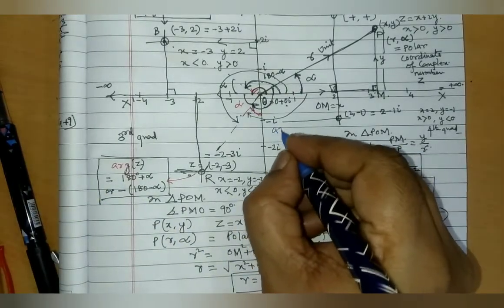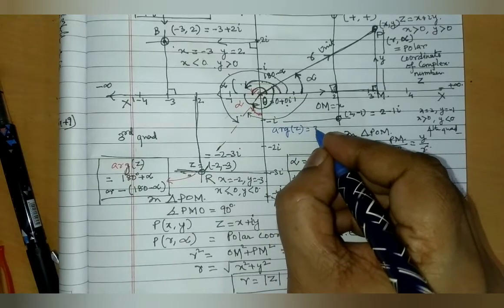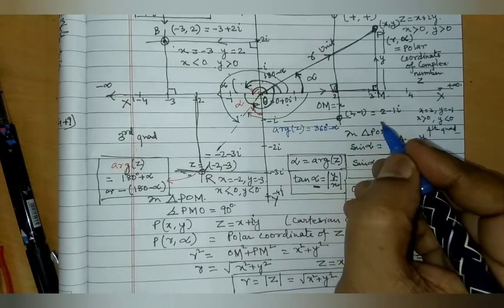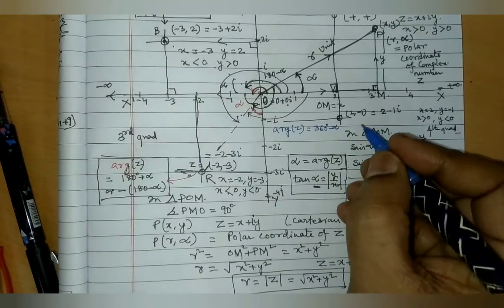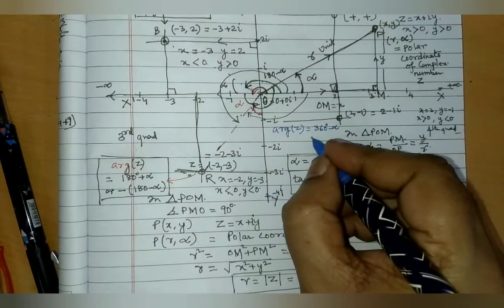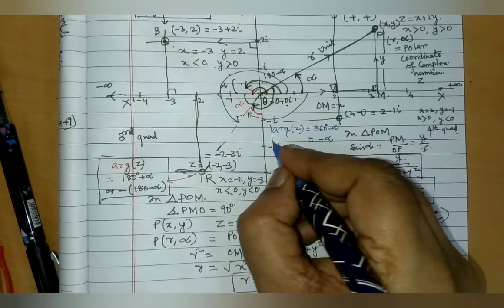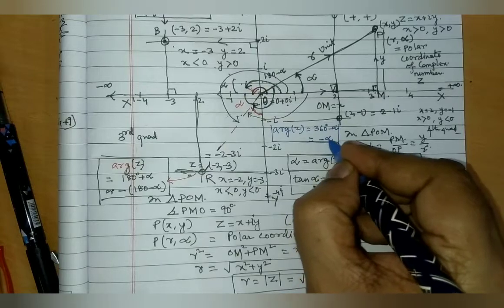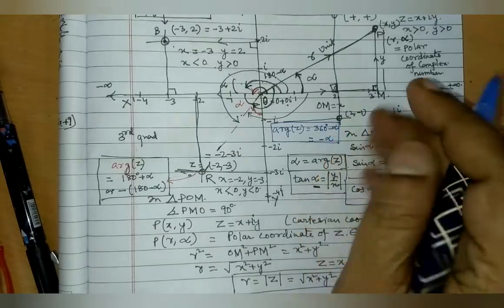If the complex number lies in the fourth quadrant, then we can find the argument by 360 degrees minus alpha, or we can simply take minus alpha. This formula is applicable here, because if we take the negative angle, then minus alpha will come, and for the positive angle we will get 360 degrees minus alpha.